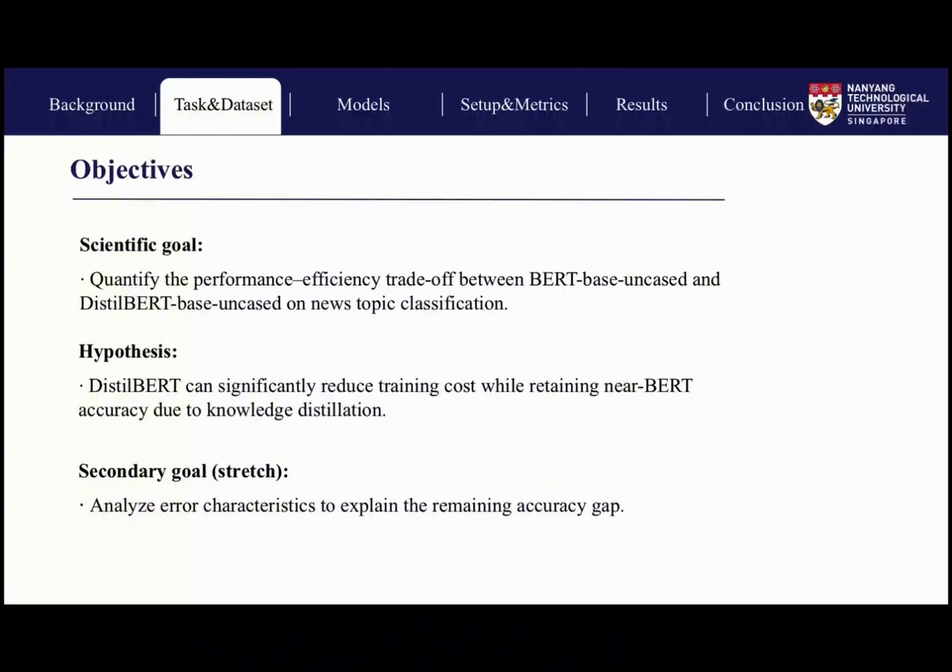Our secondary goal is to analyze the error characteristics to understand where the smaller model falls short. And our hypothesis is that DistilBERT can reduce training costs significantly while retaining near BERT accuracy, thanks to the power of knowledge distillation. Next, we will move on to the model architecture part.